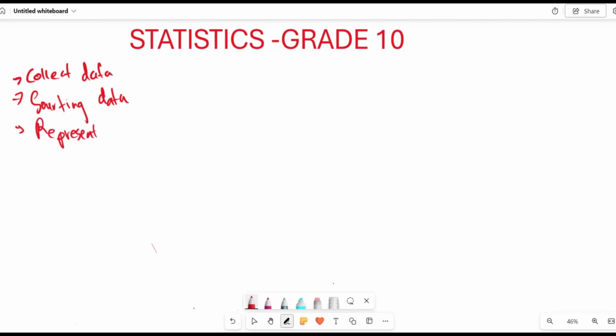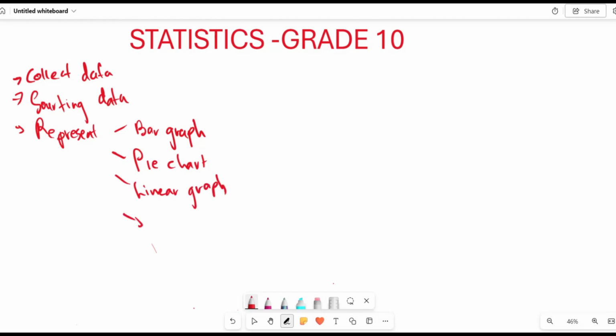So we can represent this particular data, and there are many things that we can use to represent data. For an example, we can use our bar graph. Remember the bar graph, right? We can use our pie chart. We can use our linear graph.